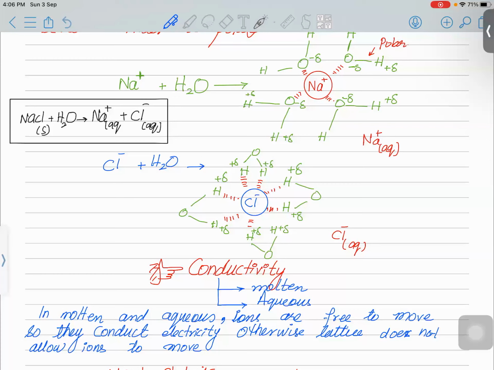But ionic compounds are not soluble in oil, right? In non-polar, because ionic compounds have charges, so we need charges to break the lattice. Actually, the lattice will break by the polar solvent because it attracts sodium toward itself, and attracts chlorine toward itself.